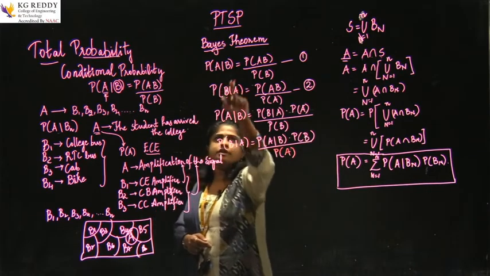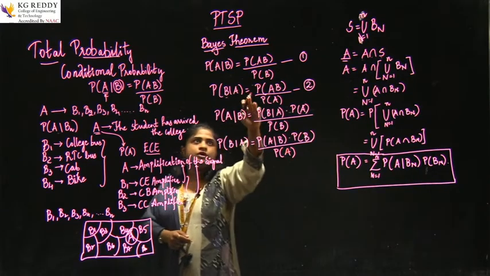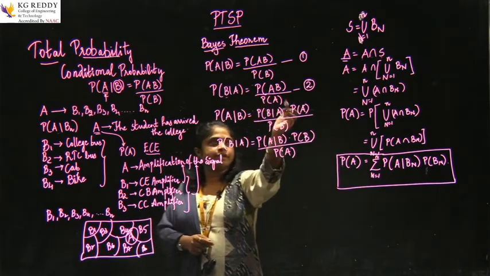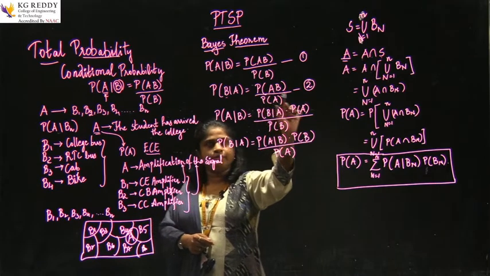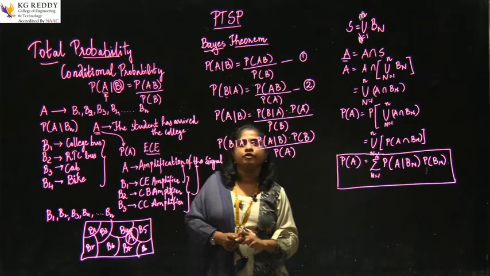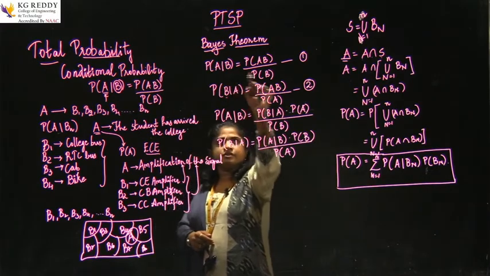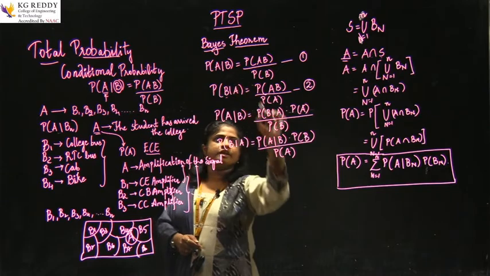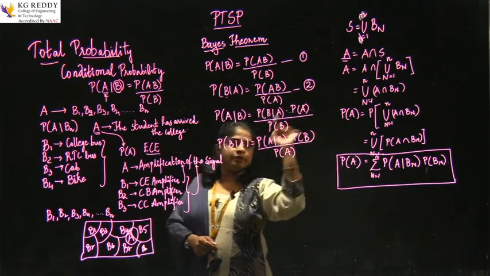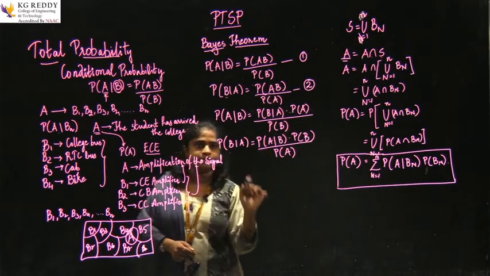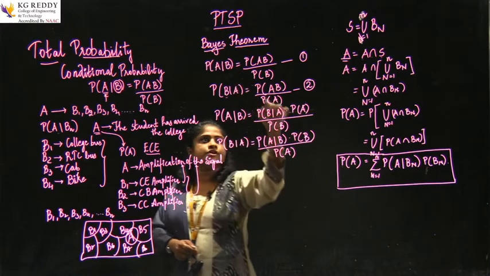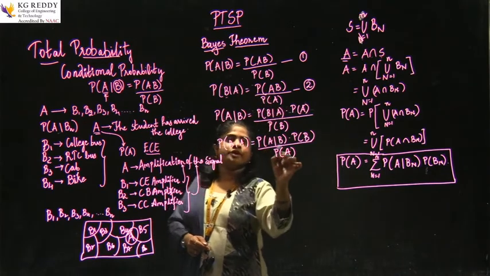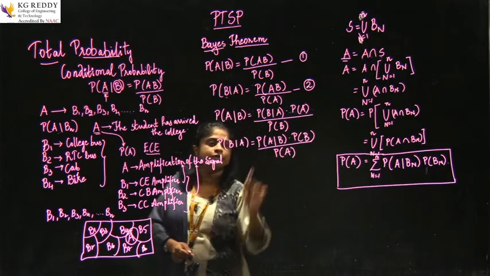Probability of A by B is equal to probability of AB divided by probability of B. In the same way, probability of B by A is equal to probability of AB, or probability of BA, divided by probability of A. I substituted the second equation into the first, so probability of A by B will be equal to probability of B by A into probability of A divided by probability of B. And I substituted the first equation here, so probability of B by A is equal to probability of A by B into probability of B divided by probability of A.